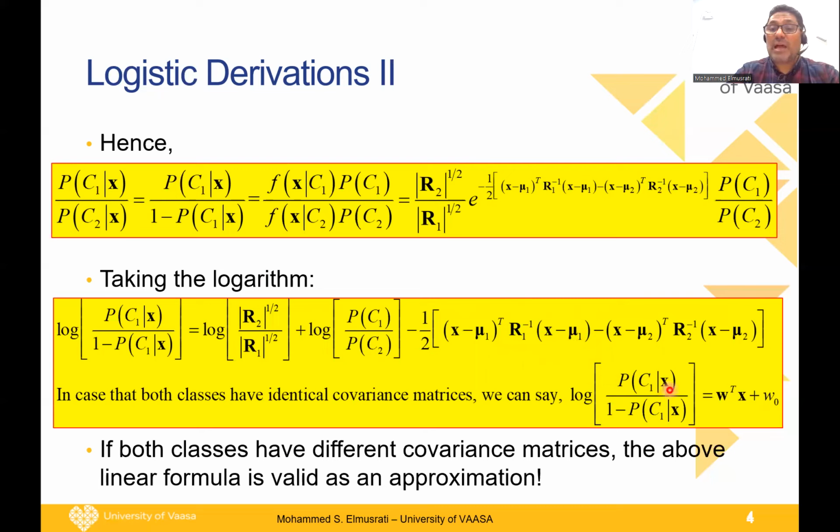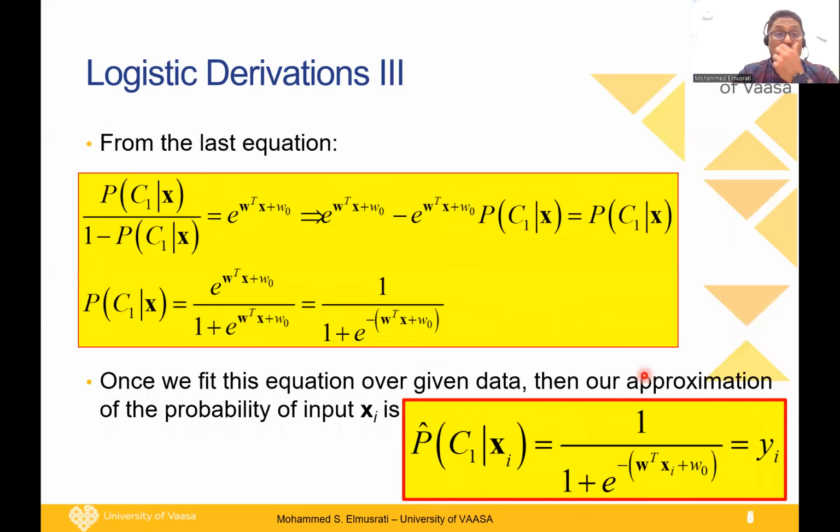In this case, we can assume it in this way: the logarithm of the probability of class 1 conditioned on the input x over 1 minus the probability of class 1 conditioned on x is equal to a linear equation, as you can see here. It will be the weight vector w transpose times x plus w0. Now we can take the exponent of both sides and solve for the probability of being in class 1.